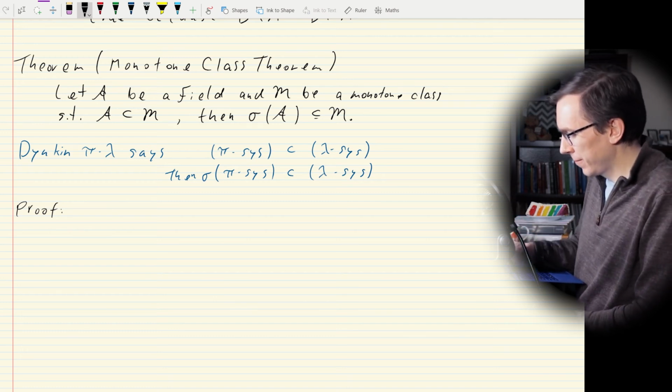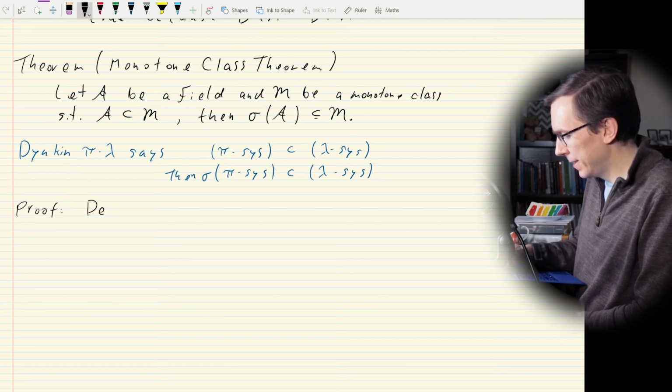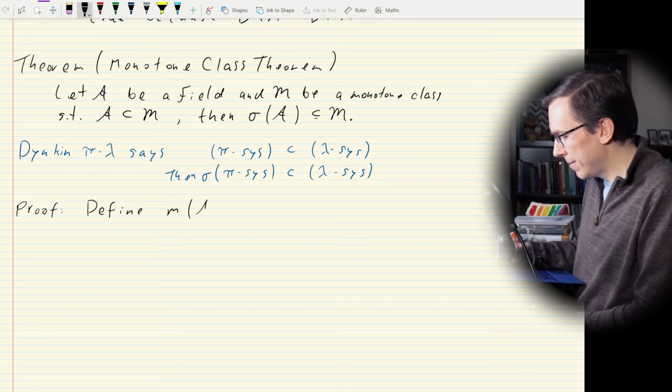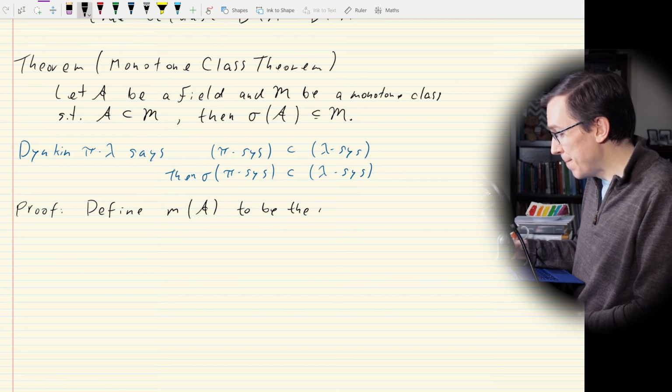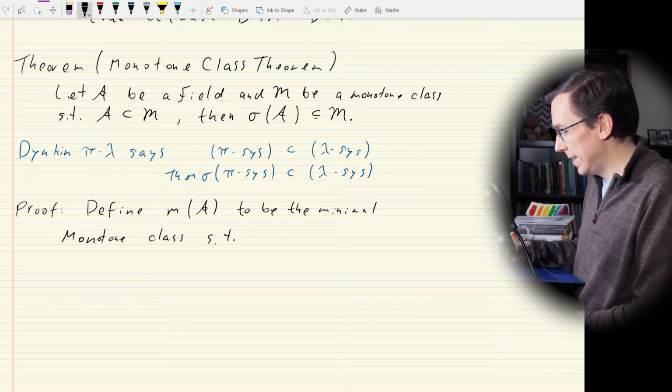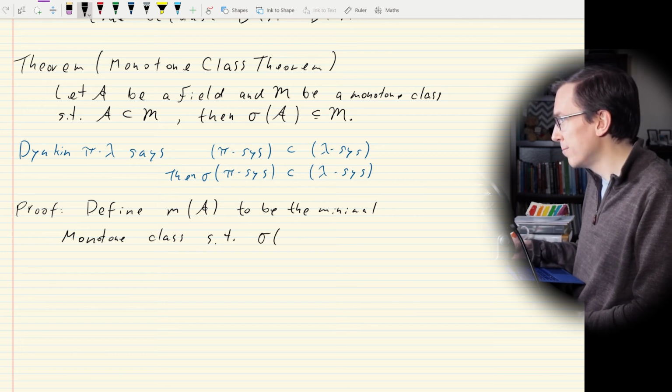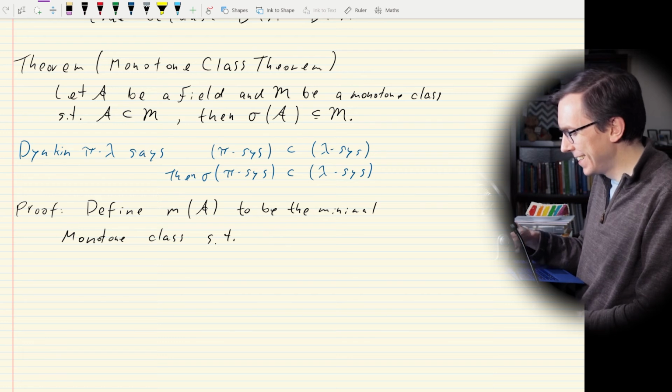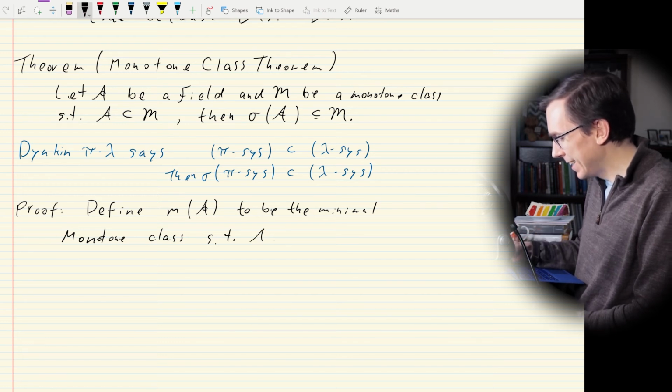So, first we're going to define little m of A to be the minimal monotone class such that A is contained.